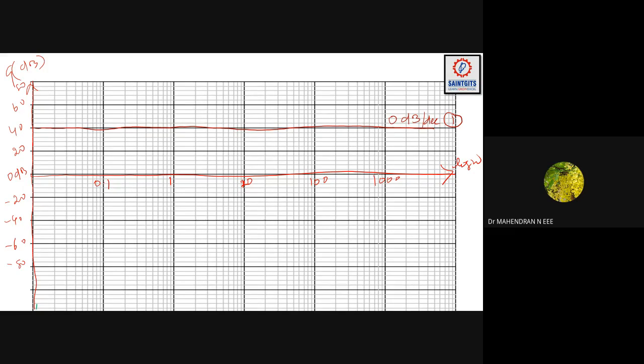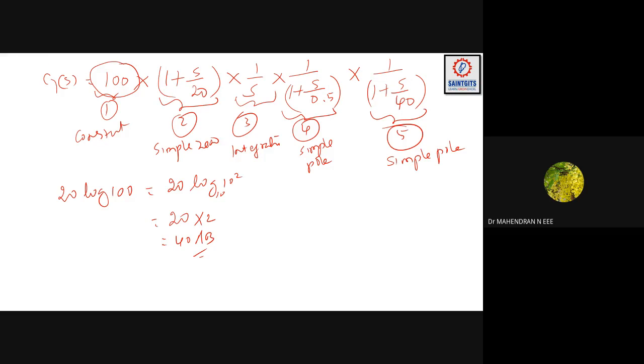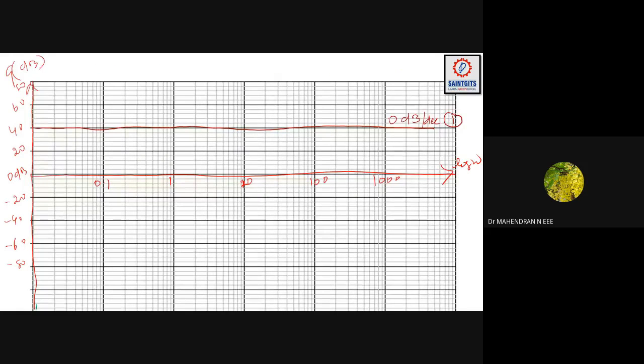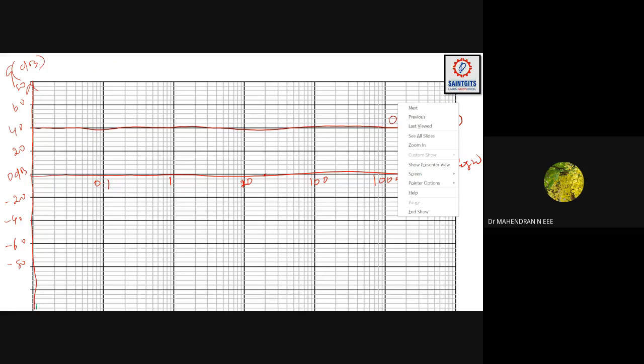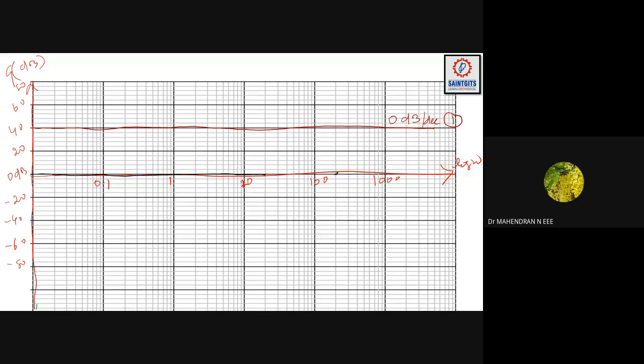Then the second plot. The second function is a simple zero whose frequency is 20, and it is 1 plus s divided by 20. Where is 20 here? It is 10, and it is 20. So for the simple zero, I'm changing the color. Up to 20, next is 200, and next is 2000.